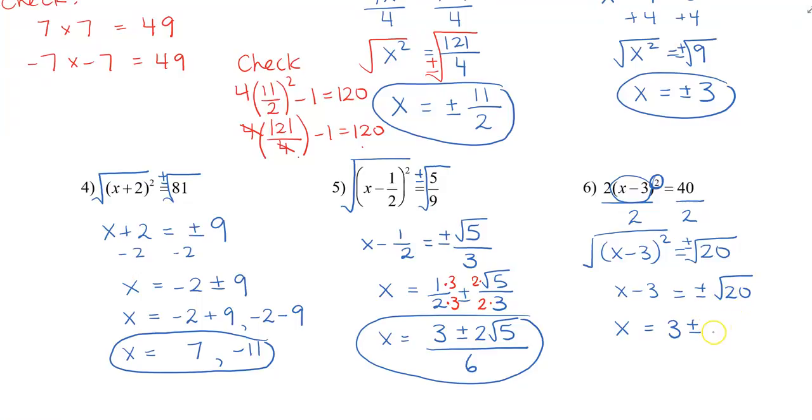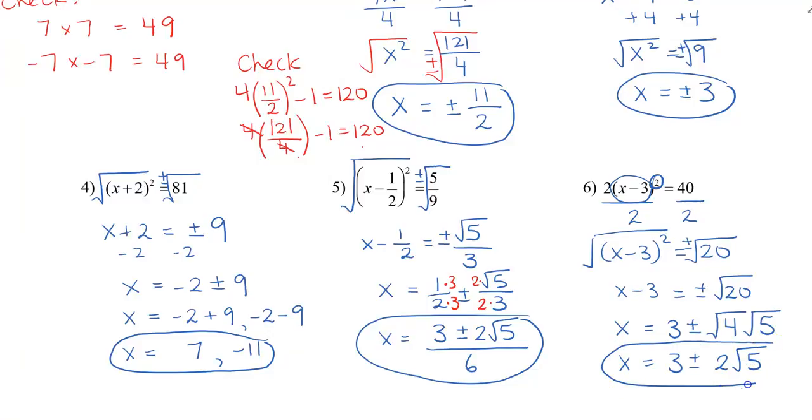If you recall, you want to find a perfect square that goes into 20, and that number happens to be 4. So I'm going to rewrite this as square root of 4 times the square root of 5, since 4 times 5 is 20. But I can square root 4, so that is 2. So I'm going to rewrite this as 3 plus or minus, and then 2 times the square root of 5.